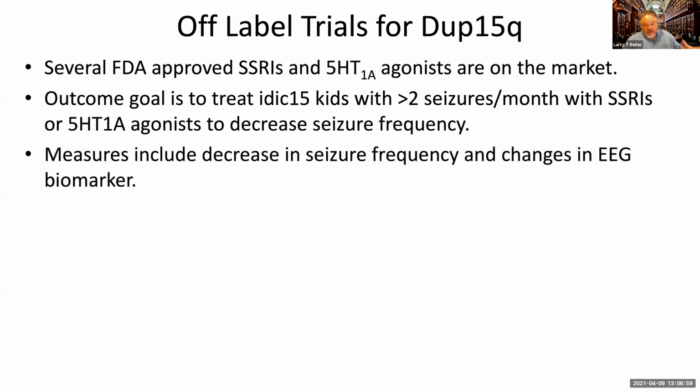We're going to measure a few things, and so seizure diaries are important, but we're also going to try and look at this EEG biomarker in these kids before and after treatment. And we'd like to have them wear a monitor that we found that might work out for EEG monitoring.